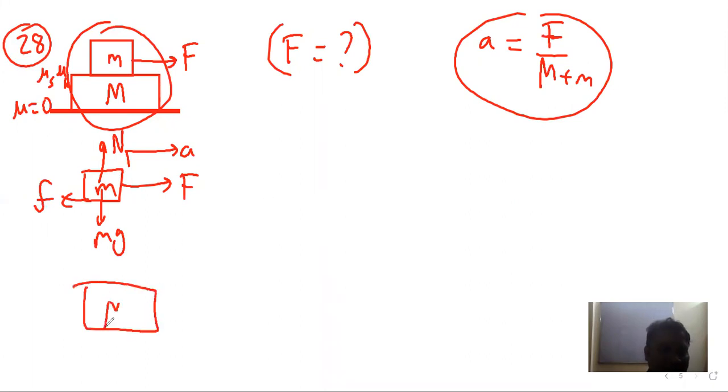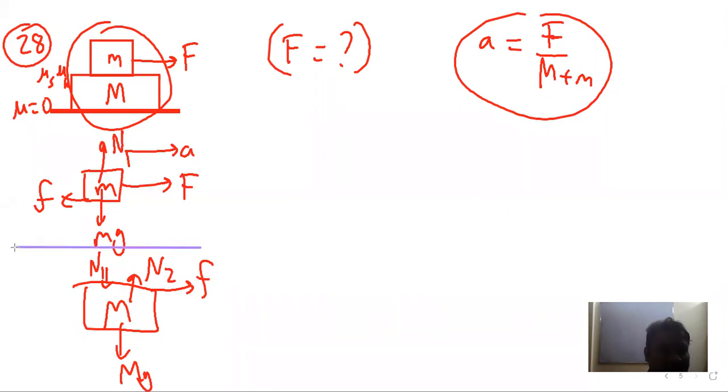On capital M, we will have friction in forward direction, and we will have capital Mg, normal reaction N2 by ground on this block, and N1 in downward direction. So these are the free body diagrams of the two blocks.